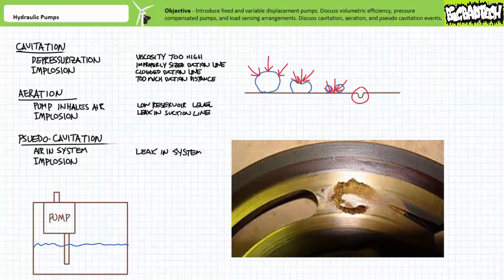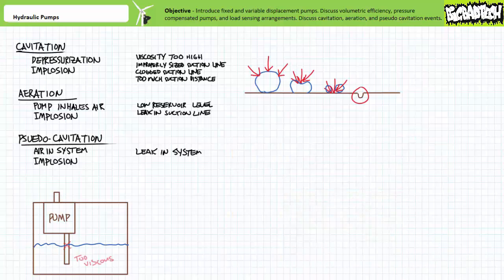Here's a picture of cavitation effects on a piston pump valve plate. If cavitation occurred for any length of time, these components would exhibit a notable loss in sealing ability between the dynamically moving surfaces. Cavitation can occur at the pump when the viscosity of the fluid is too high to allow suction, among other causes. For example, consider system at startup on an unusually cold morning.